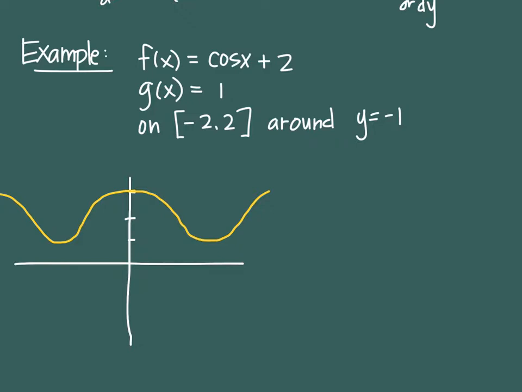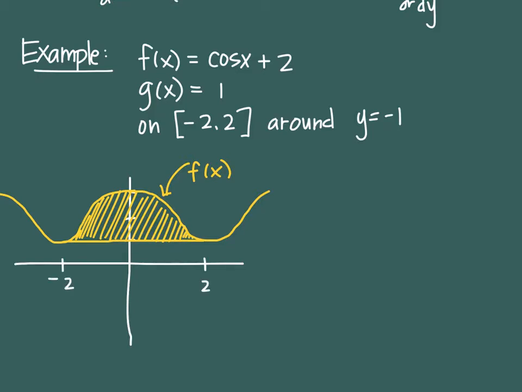And so that's f of x. G of x is the line 1, which is just a horizontal line. And we're looking at the area bounded between those from the interval -2 to +2. So I'm going to use my eraser and get rid of the rest of the cosine graph that I don't really need.